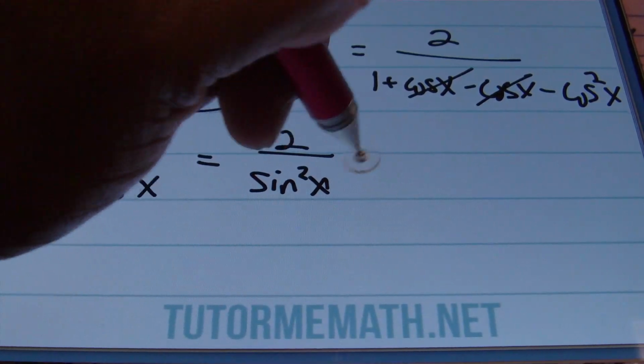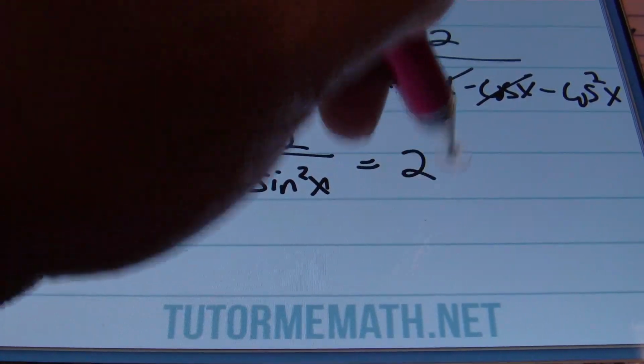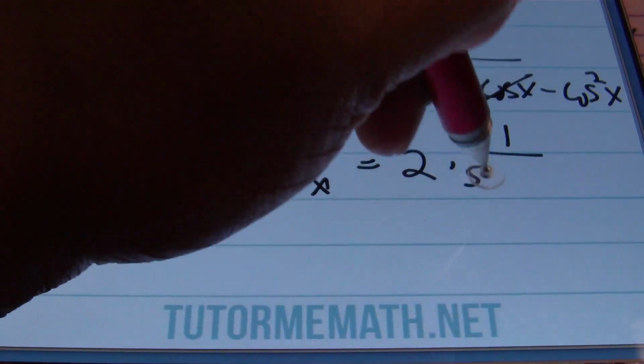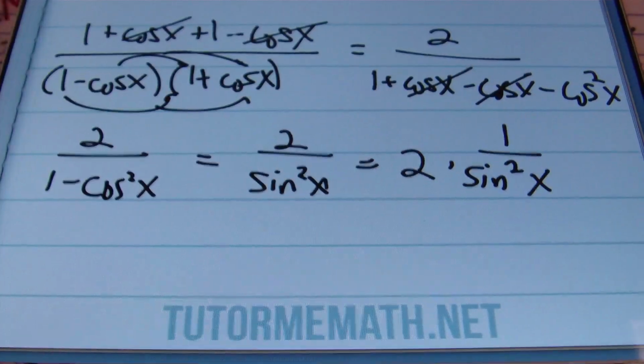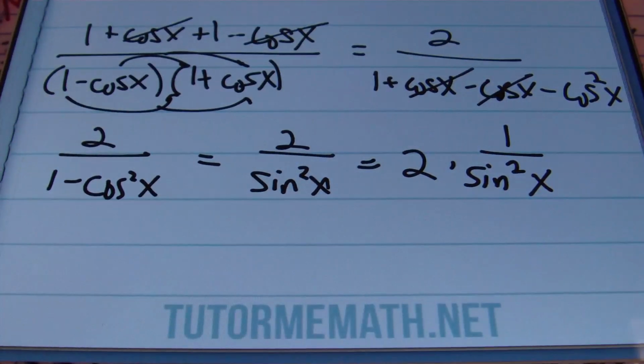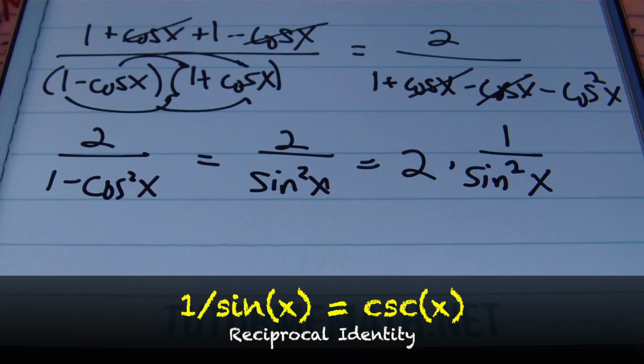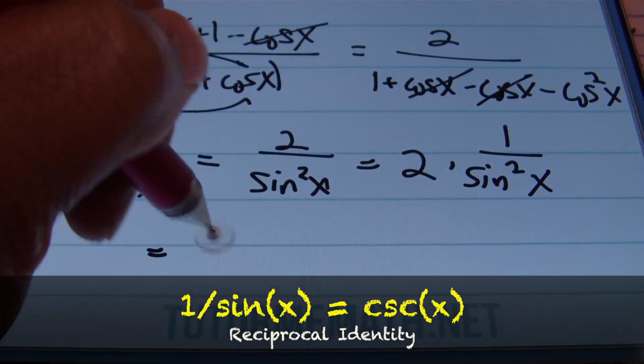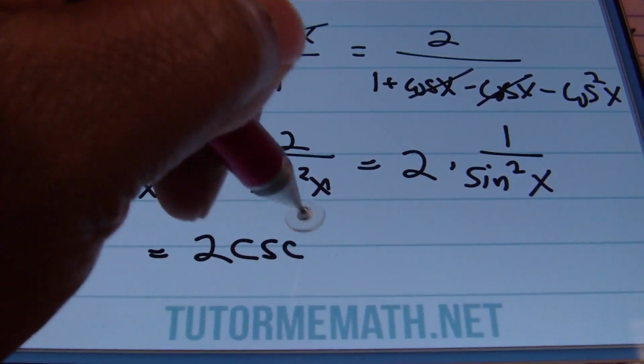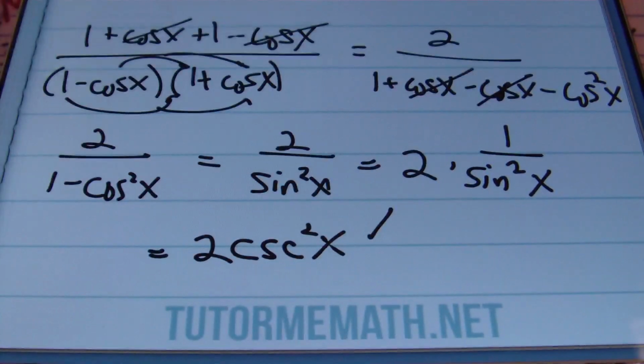And so now I'll be expanding this to show that this is 2 times 1 over sine squared x. And using your reciprocal identity, 1 over sine squared x is cosecant squared x. So that means that this simplifies into 2 cosecant squared x, which is exactly what the right side was, and we're done with problem number 2. Done and done, ladies and gentlemen.